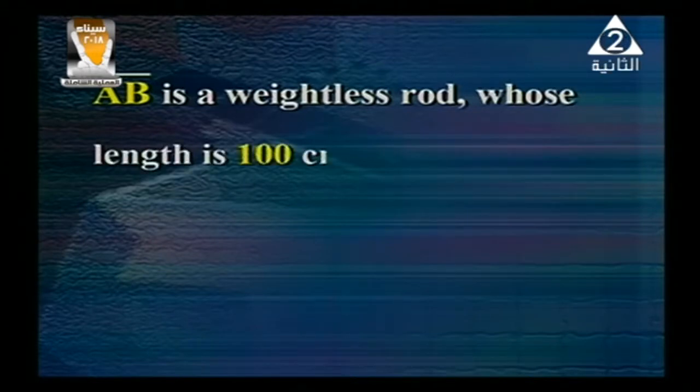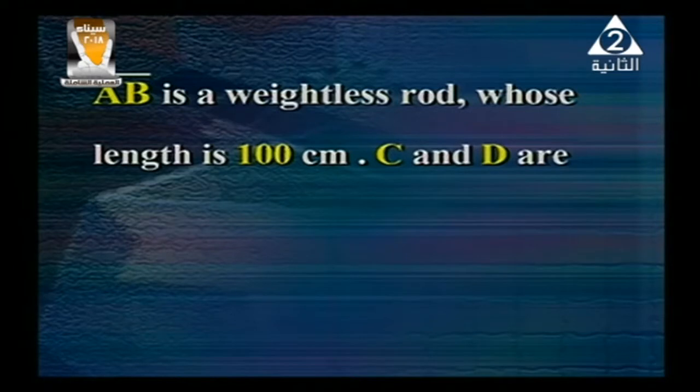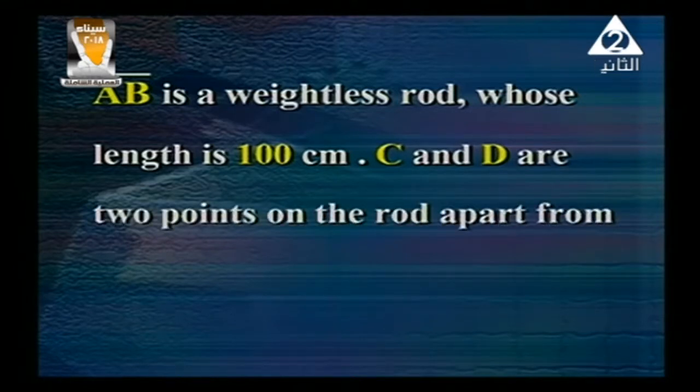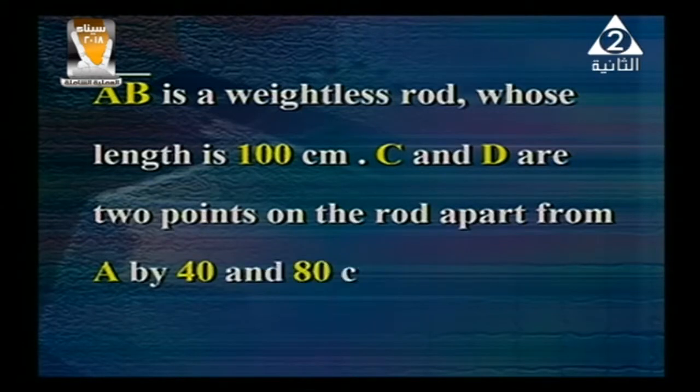AB is a weightless rod whose length is 100 centimeters. C and D are two points on the rod, apart from A by 40 and 80 centimeters respectively.